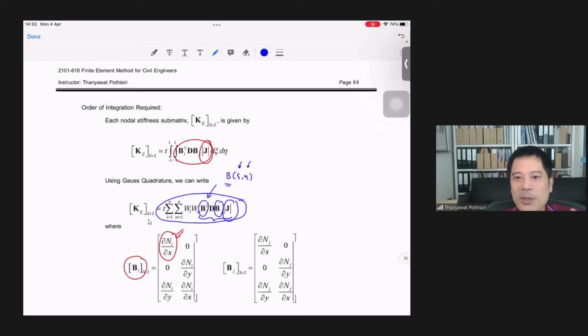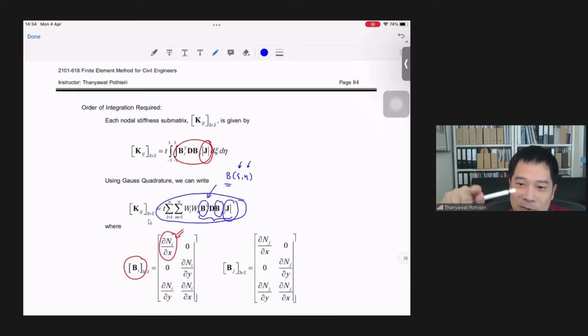Because we are computing everything at the sampling point, the B matrix is computed at the sampling point. So in a way, you are evaluating your element stiffness matrix based on what's going on at the sampling point. Remember that the element stiffness matrix comes from the product between strains and stress, or to be exact, stress and virtual strain, because it represents the internal virtual work term.